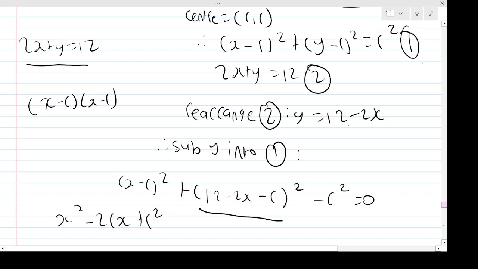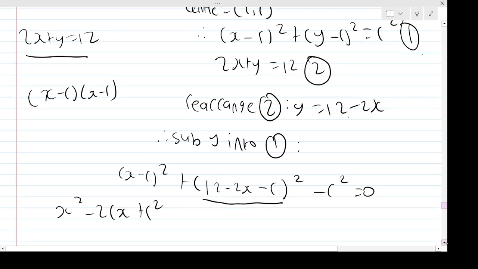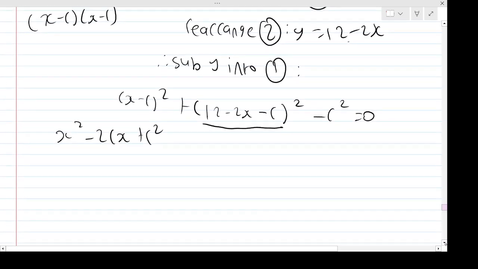Then I need to expand this bracket, which is awkward, so I'll do that separately. So we have 12 take away 2x take away r, times by 12 take away 2x take away r.